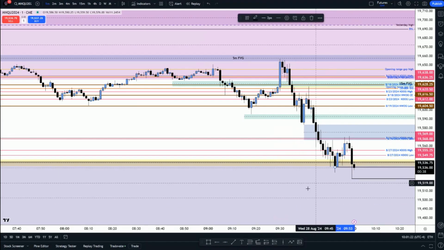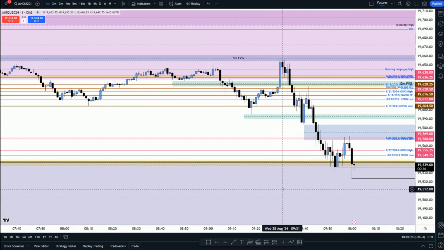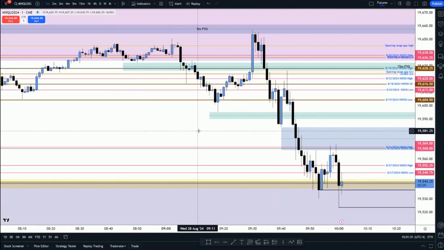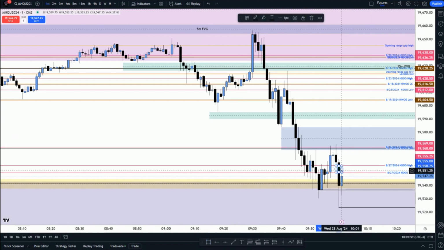So we'll see what happens here between this area. I want to see it come up, displace through here like I just said. I don't really want to see this little gap form right here, which it's about to. And if it does form, which it is, I want to see it get inverted right away.